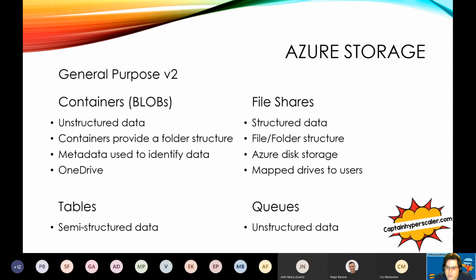A good example of blob storage is OneDrive. We make it look like Windows Explorer, but it is really just blob storage, and when you create a folder in OneDrive, you're just creating a container and dropping all that information into that container and creating a folder structure based on the metadata of what you're putting into that account. So you're making it look like your typical Windows Explorer folder structure that we work in on a daily basis on our devices, but it is blob storage.